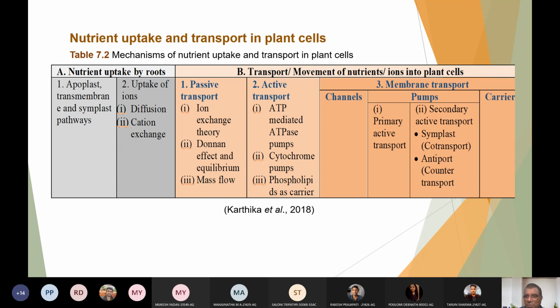Secondary active transport is again divided into two: symport and antiport. Symport is co-transport and antiport is counter-transport. This is how we can divide the mechanism of nutrient uptake and transport in plant cells.